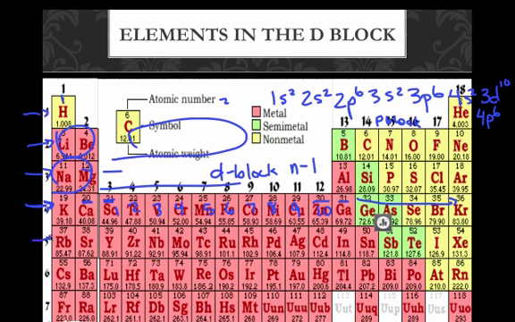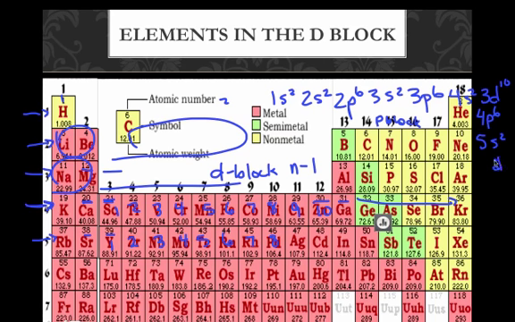Next comes the 5s. Right? Once we get to the end of the P block, we're down to the next row. So 5s gets 2, and after 38 comes 39, so we're back into the D block. Let's count across till we land on palladium. 6, 7, 8. So it's going to take us 8 steps.